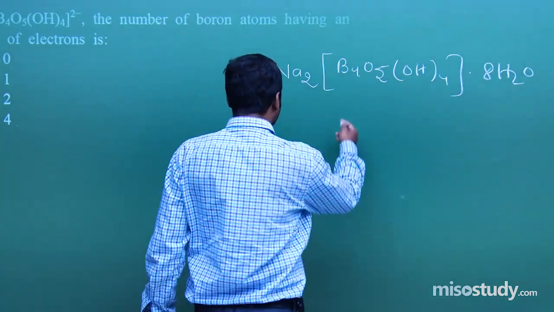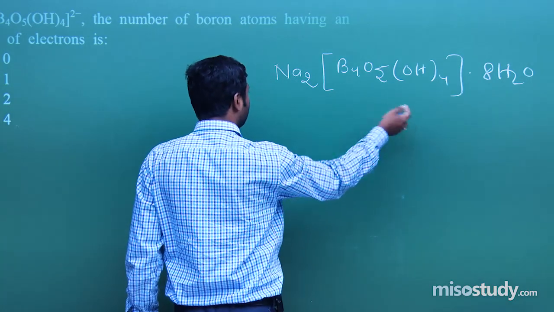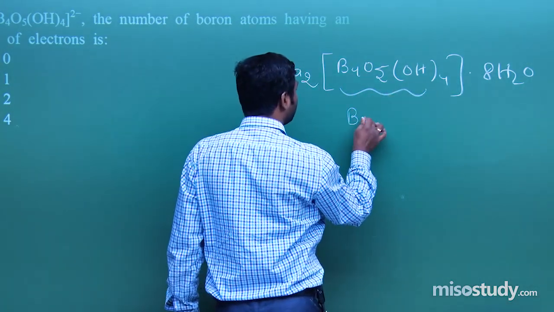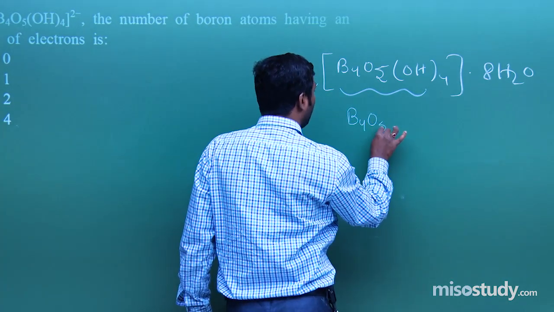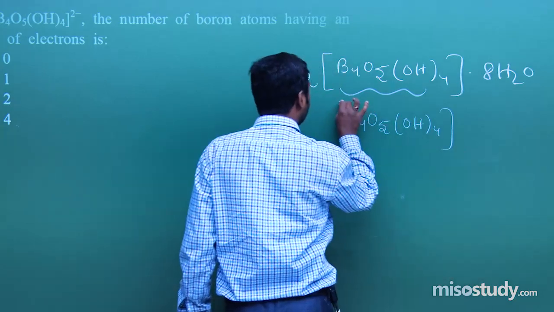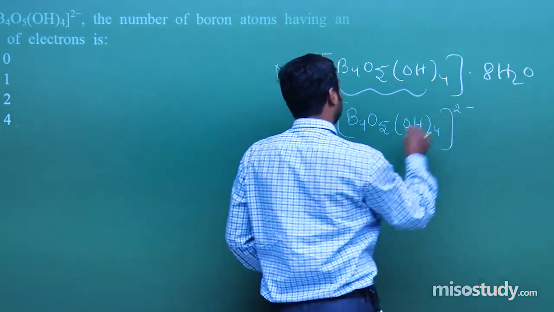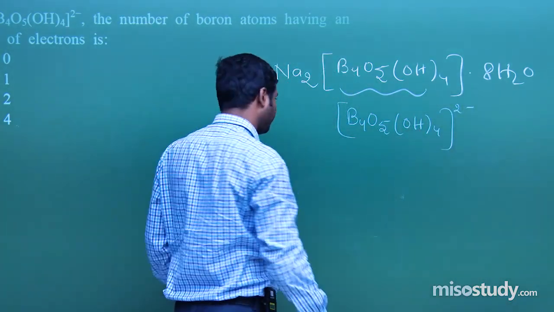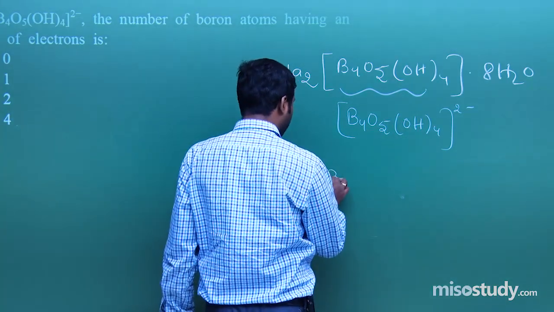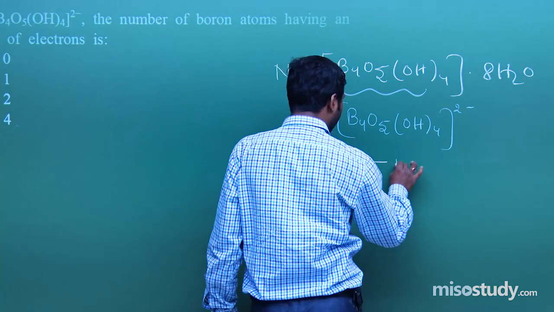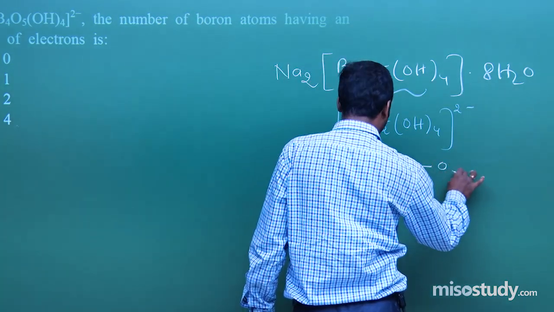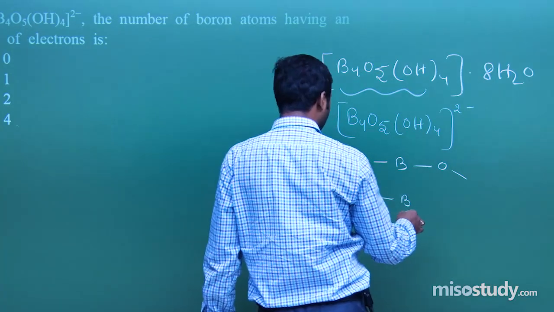Now, how to draw the structure? In this case, if I need to draw the structure of B4O5(OH)4 2 minus, look at, that is B, then O, then B here, then O, then B here, then O. Clear to you?